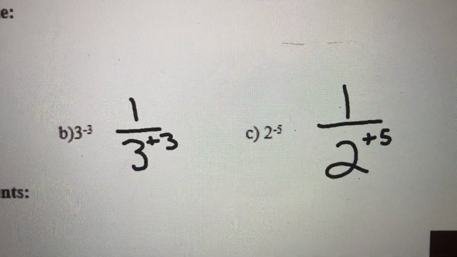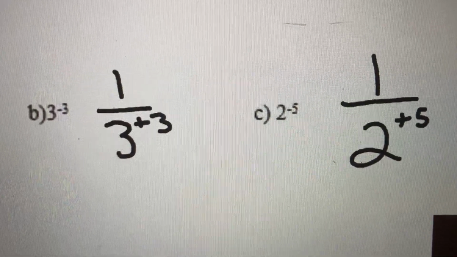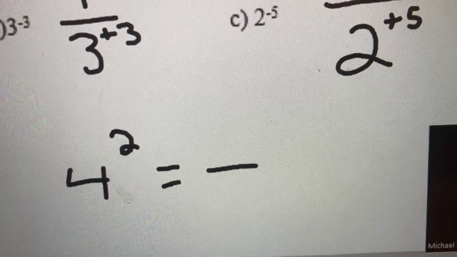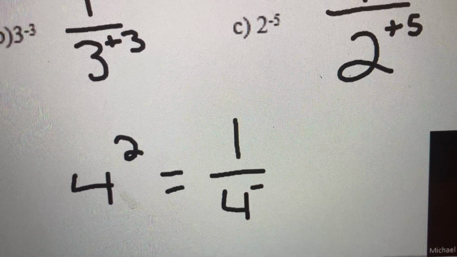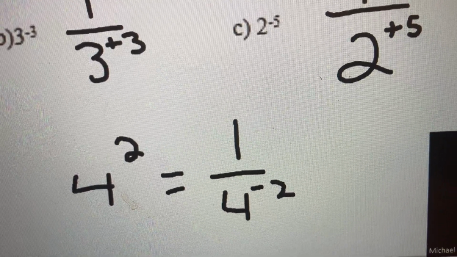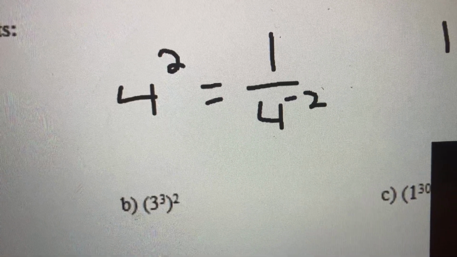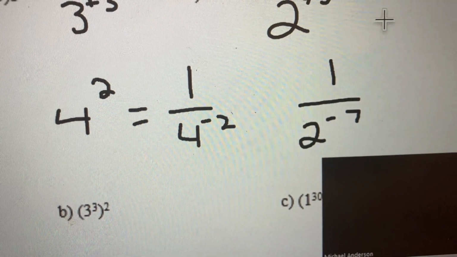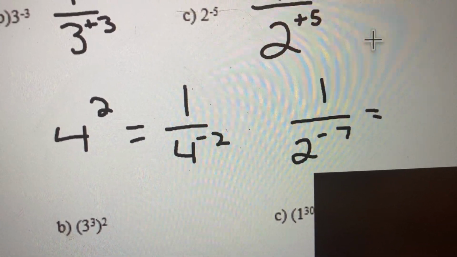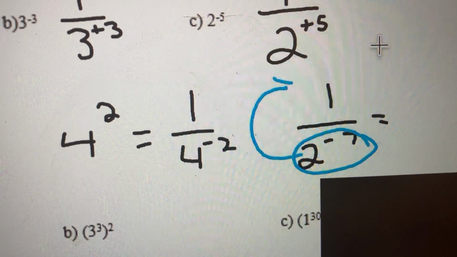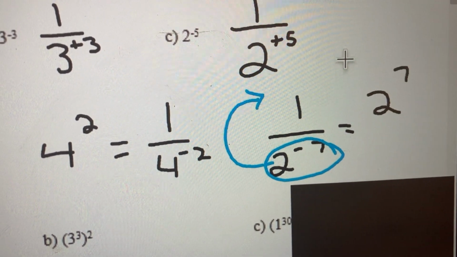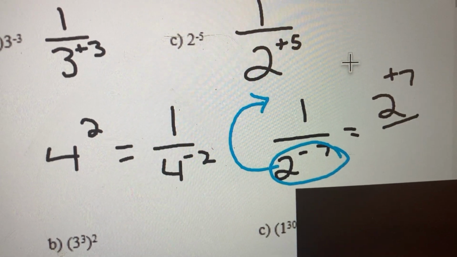Let's throw in a couple other examples. If I had 4 to the second power, that's the same thing as 1 over 4 to the negative 2 power. And if I had 1 over 2 to the negative 7th, if I move this across the division bar, I'm going to get the same 2 and 7, but it's going to be a positive exponent.